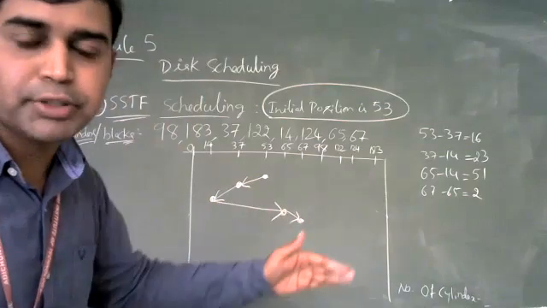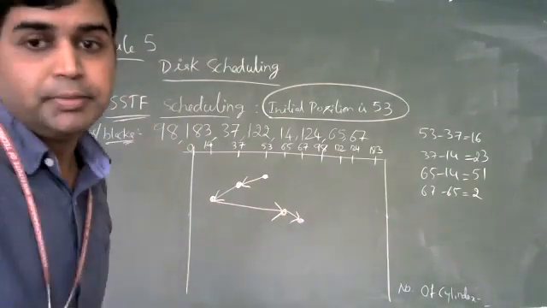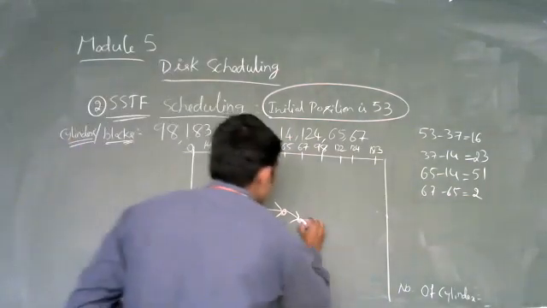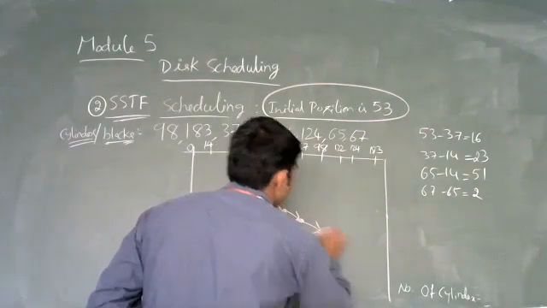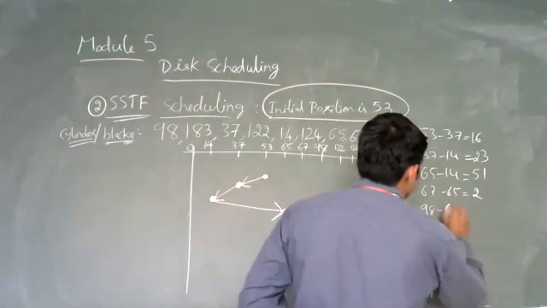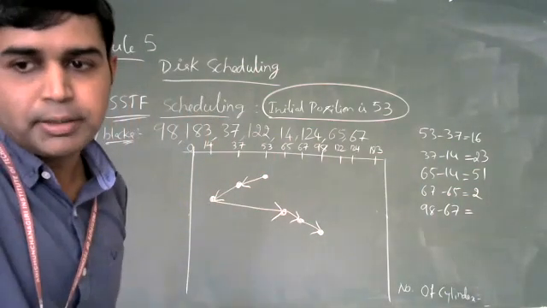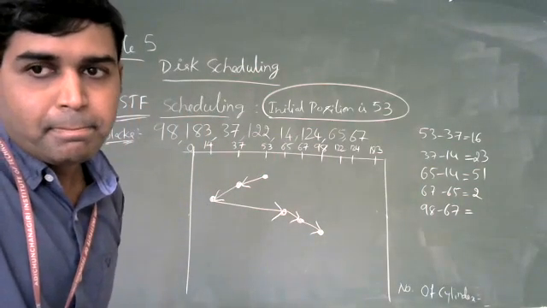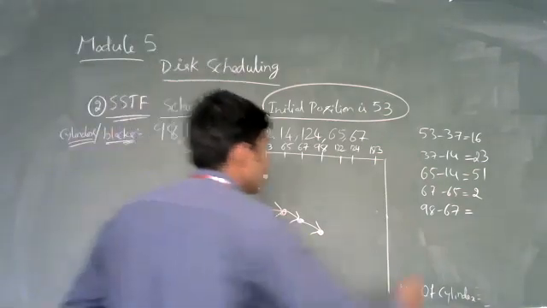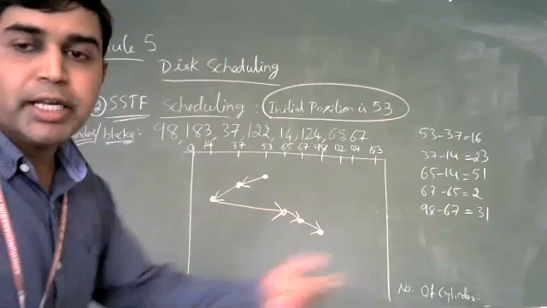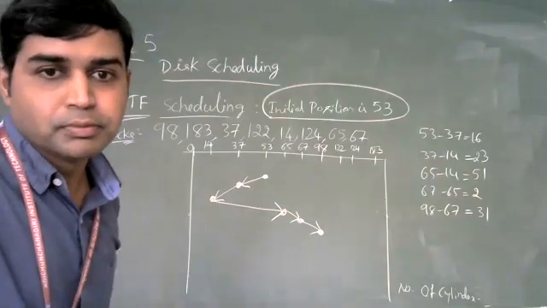Next, from 67, which is nearest? 98. 98 minus 67, how much? 31. Next, from 98, which is nearest? 122.